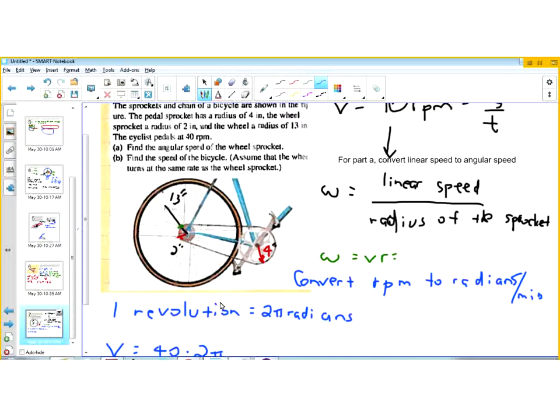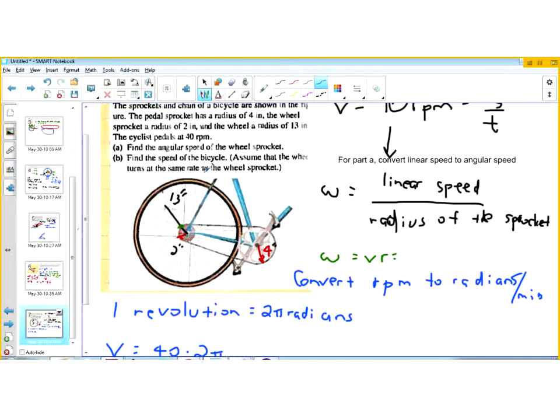The linear speed of the pedal. Four inches. Okay, so the pedal. Oh, I see. So the linear speed.